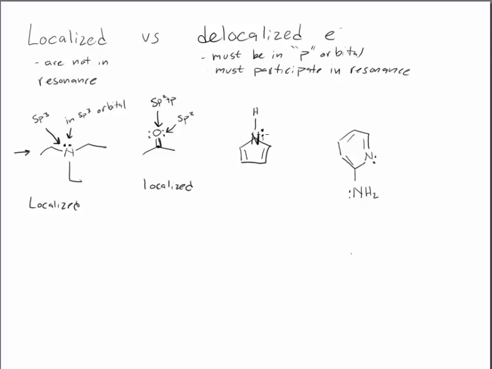Let's look at the lone pair on this nitrogen now. Is it in resonance? Well, we see one of the resonance patterns, lone pair next to pi bond, or allylic lone pair. And so let's call this allylic lone pair.